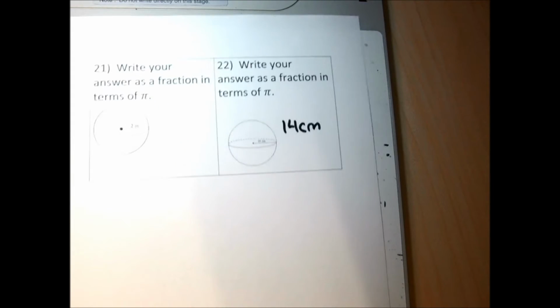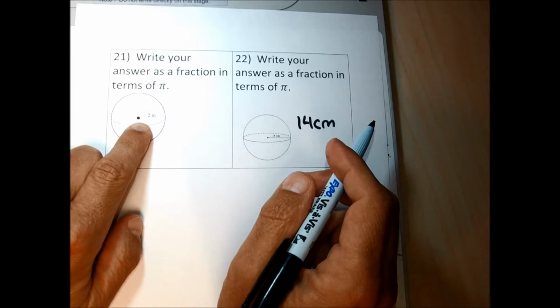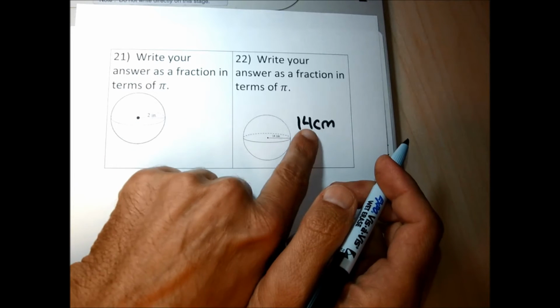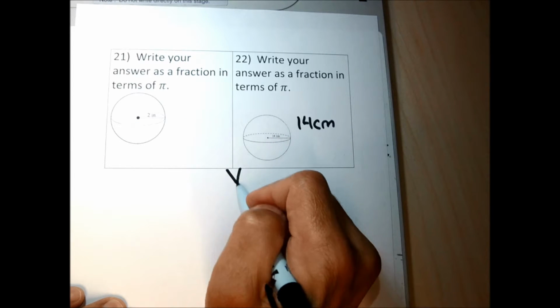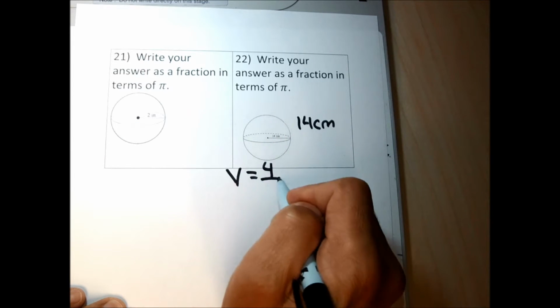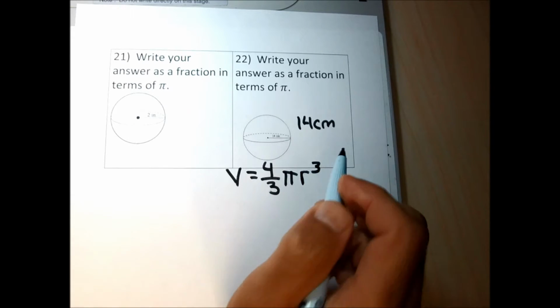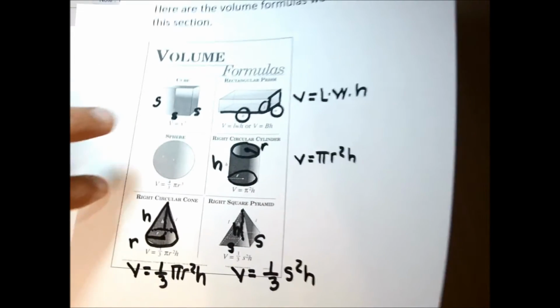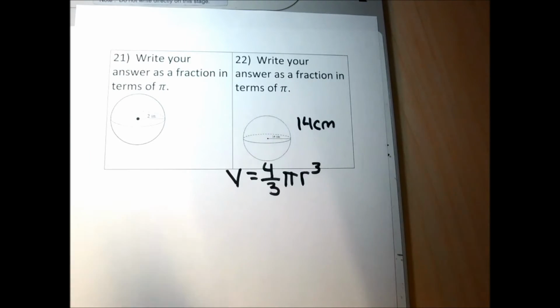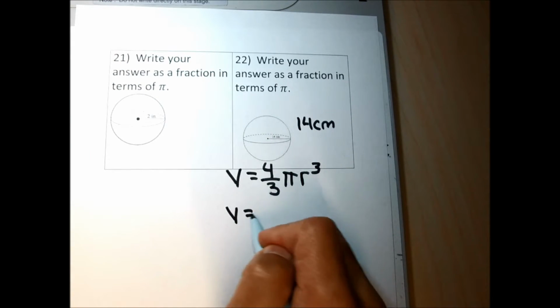21 and 22 are spheres again, but they give us the r. Your r is 2 centimeters, mine is 14 centimeters. Again, I need the volume formula, which is 4/3 pi r cubed. I needed to know that this was a sphere. I needed to be able to pull off the formula, which will be given to you on the test. And I need to identify the right length.